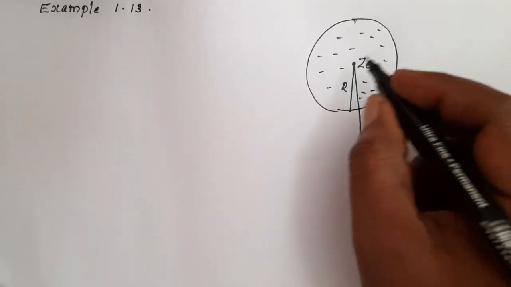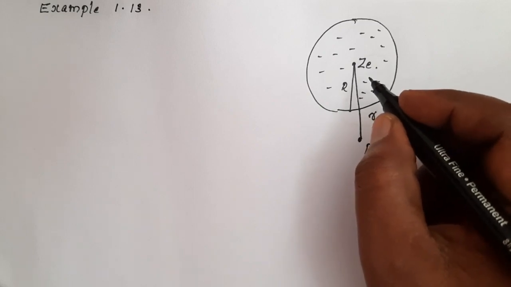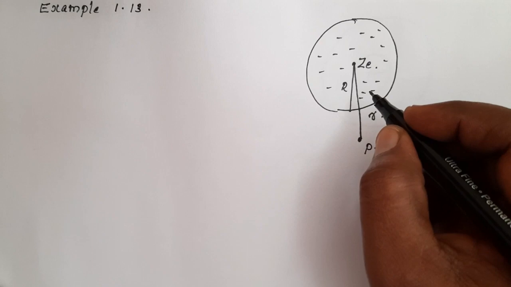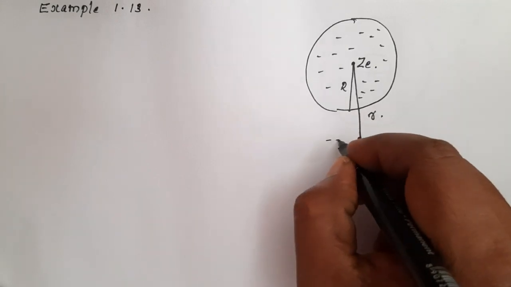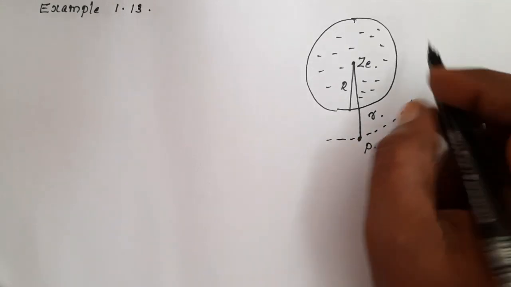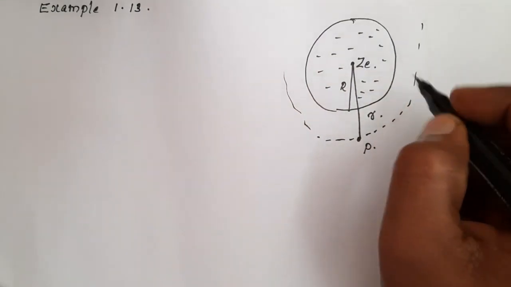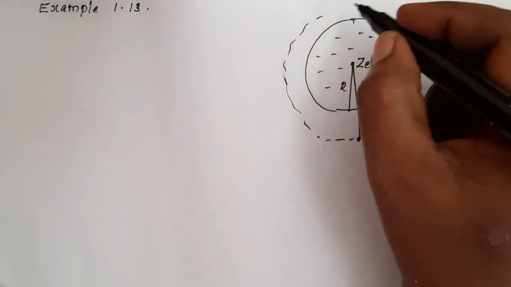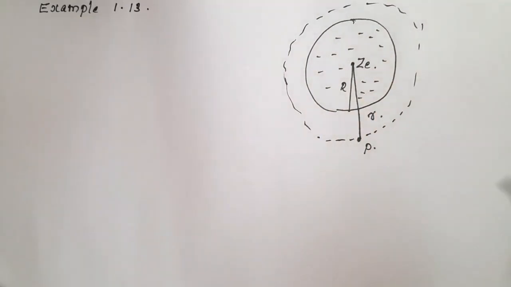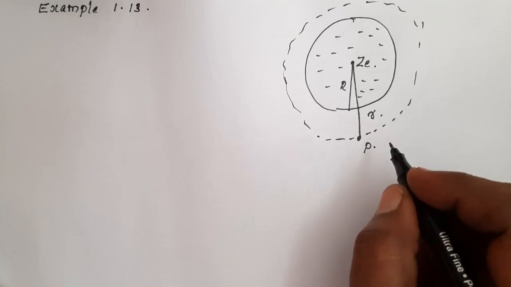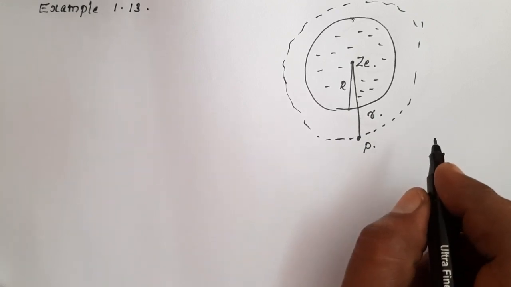Since the atom is spherical in shape, it is easy to assume a spherical Gaussian surface of radius r. I am not completing the diagram; in your notebook you complete it.